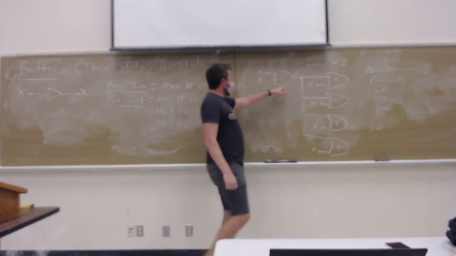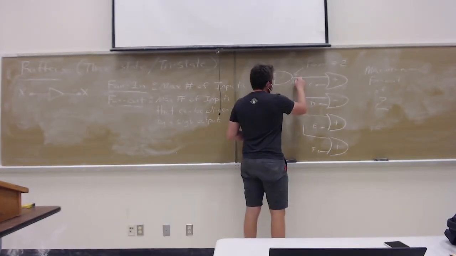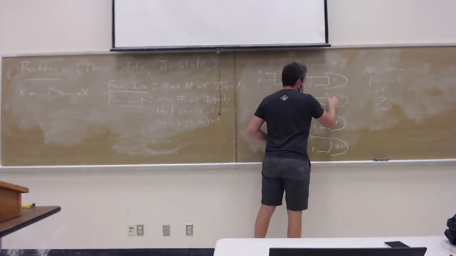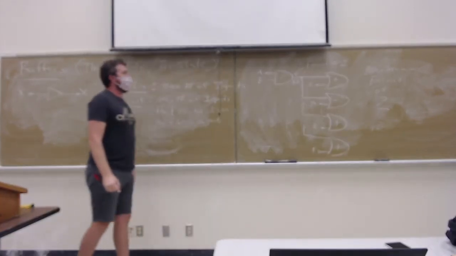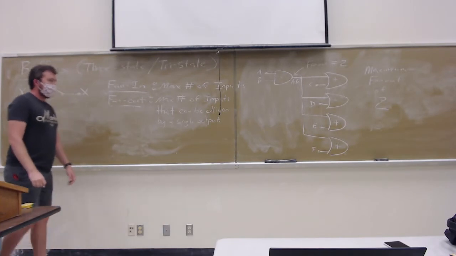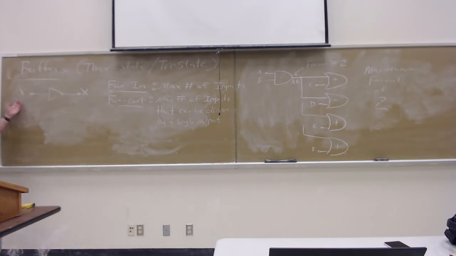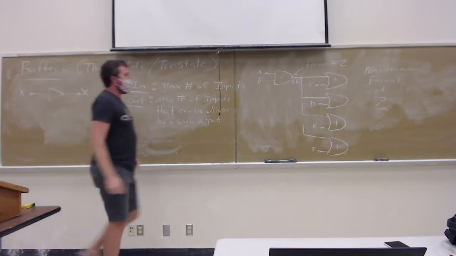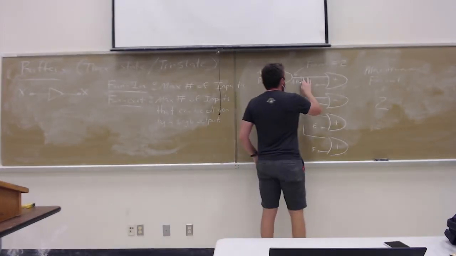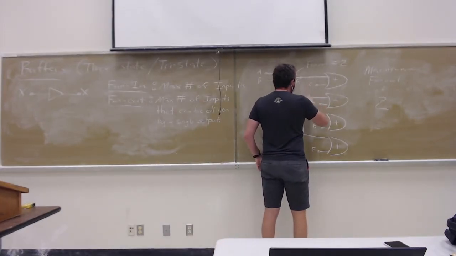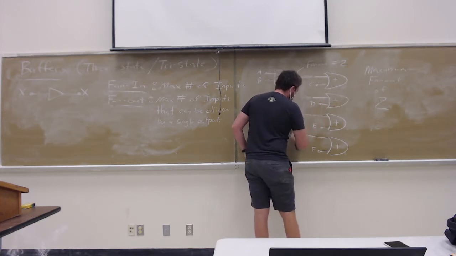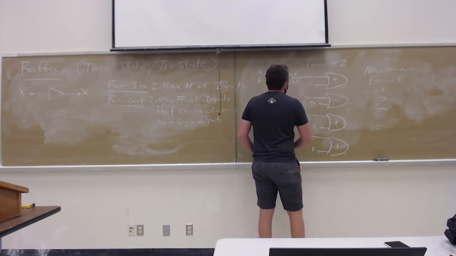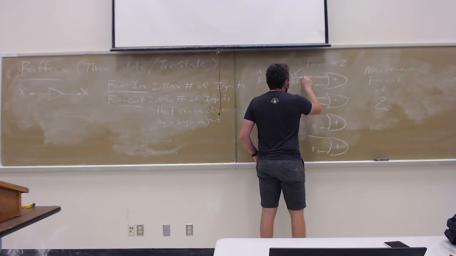But we need to get this signal, A and B, into each of these OR gates. How do we accomplish that? Enter the buffer. If we can only drive 2 things, well, the buffer can drive 2 things. So what we'll do instead is this.